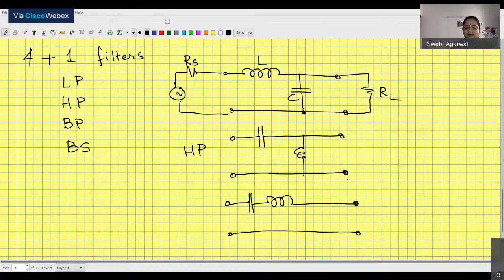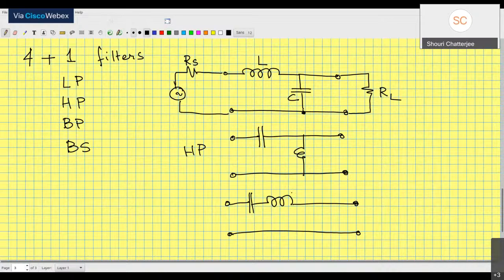So the initial part is nothing much. The question is what all filters can be made with R, L, C, what all filters are possible. The five possible filters are low pass, high pass, band pass, band stop, and the one extra one is called all pass.